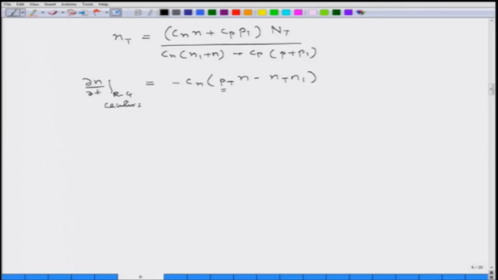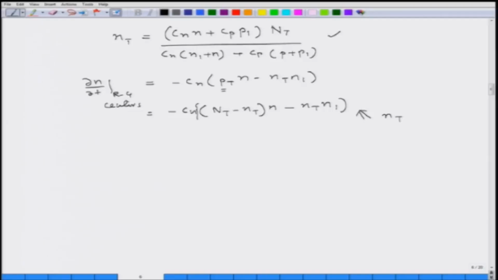Now, I have the expression for n of t. So, I would write this as minus C n, capital N t minus small n of t, and n 1. And in this, I now substitute the expression for n of t.